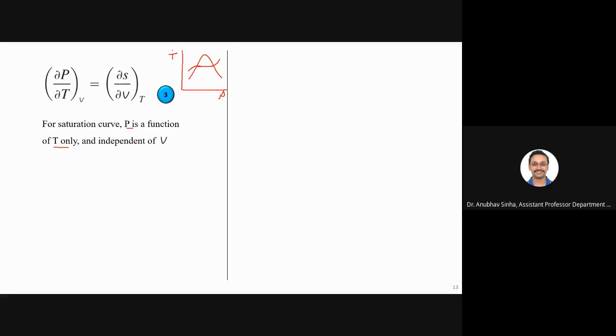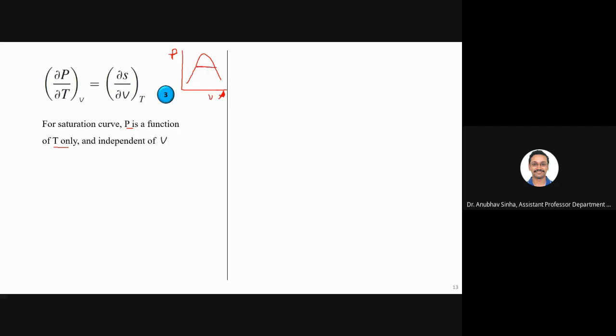Or let us say if I draw a PV plot, this will not look like this, let me draw it again. Okay, so let us say this is a PV plot. Let us talk about this region only.